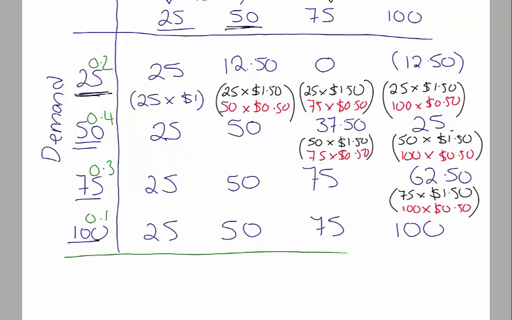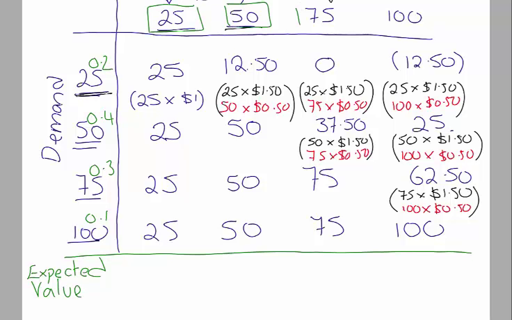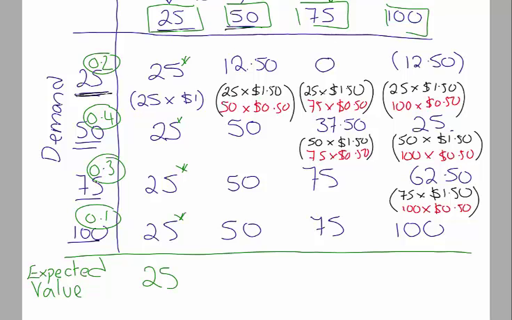So if you want to work out the expected value for each one of your options of what to bake, you need to go through and say this outcome times the probability plus that outcome times the probability, that outcome times the probability plus that outcome times the probability, and for the first column, no matter what, it turns out to be 25.